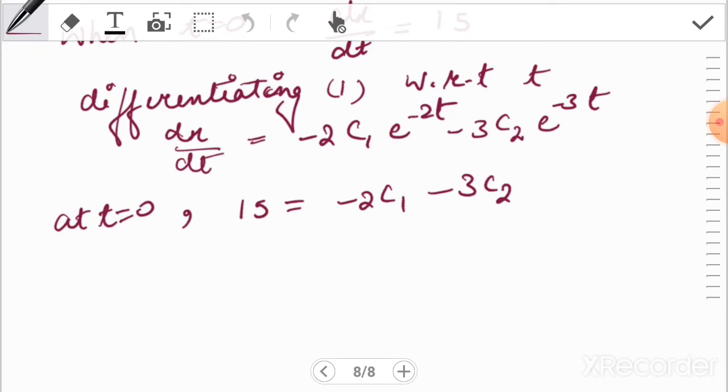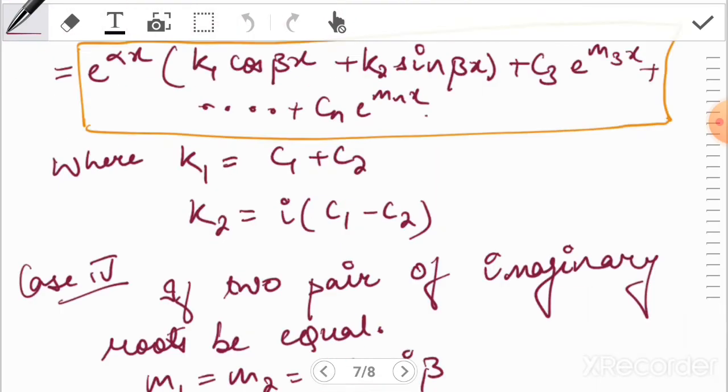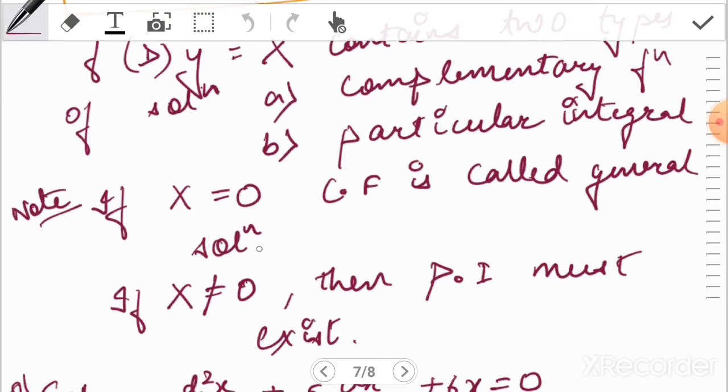Now we saw that if X is not equal to 0, then the particular integral must exist.